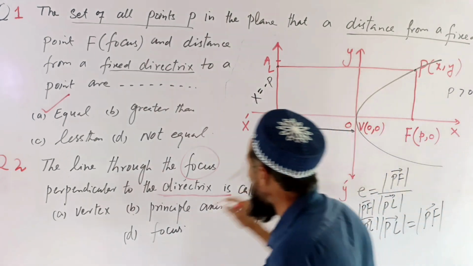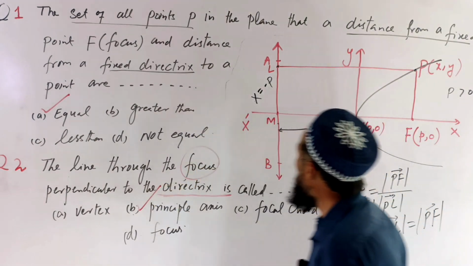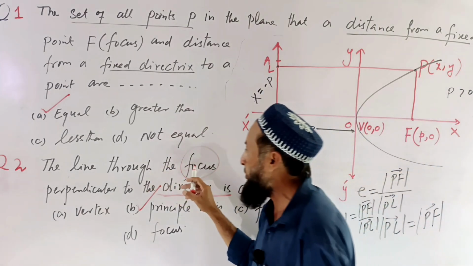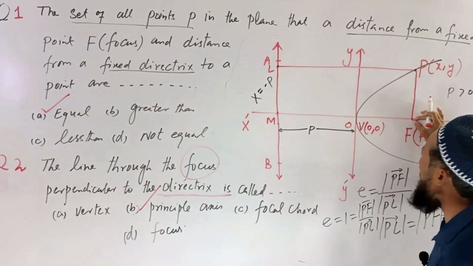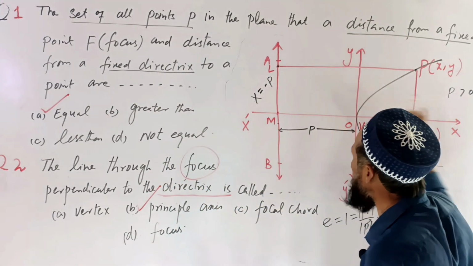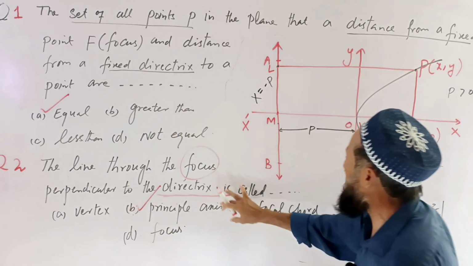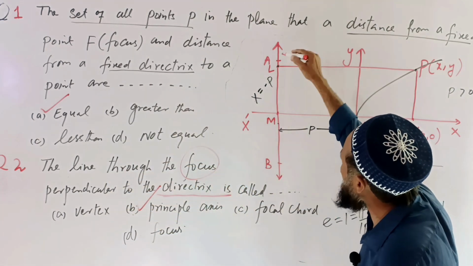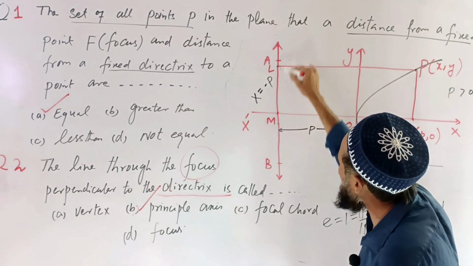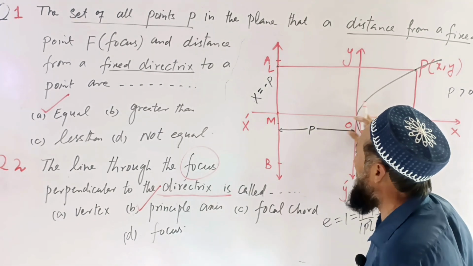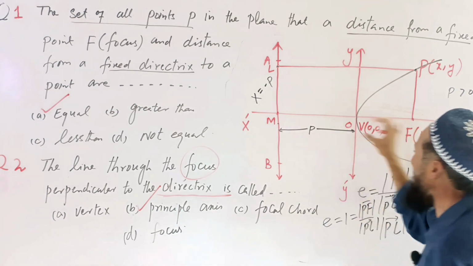This line through the focus, which is perpendicular to the directrix line, is called the principal axis. The directrix line is AB, and considering x equal to minus p, that point is on the principal axis.